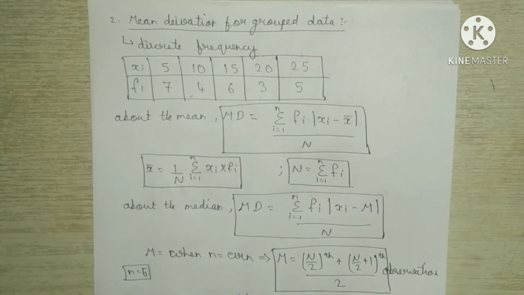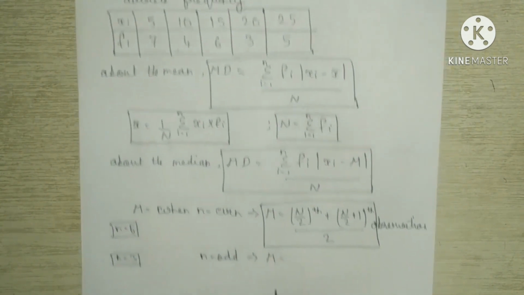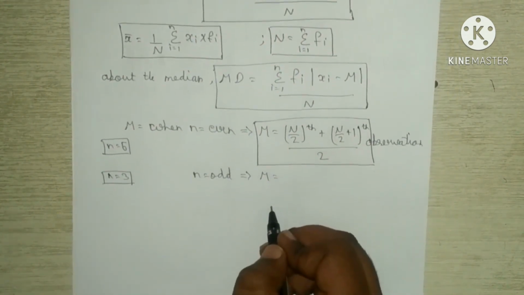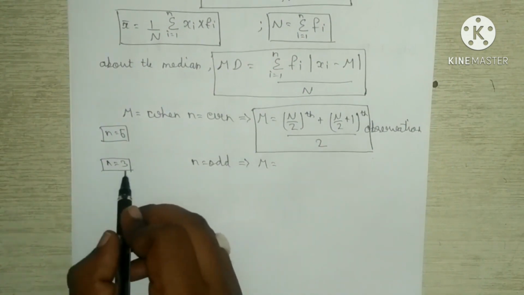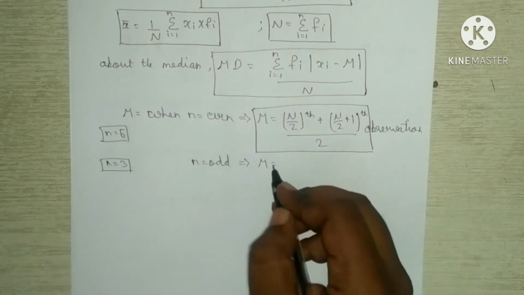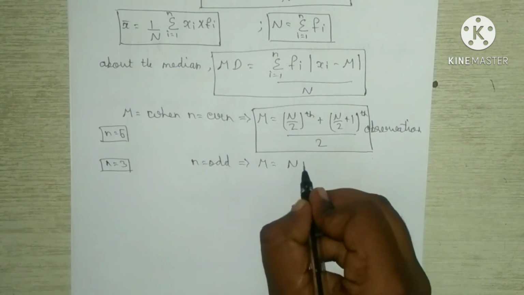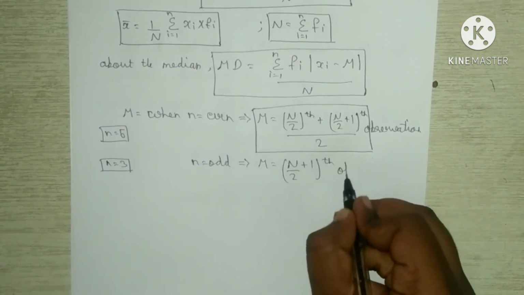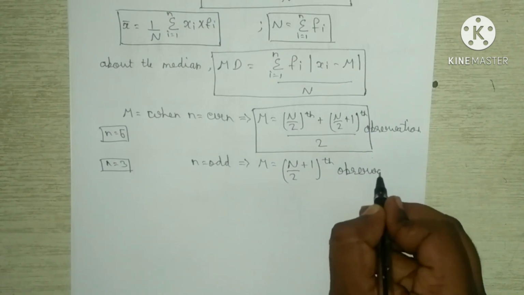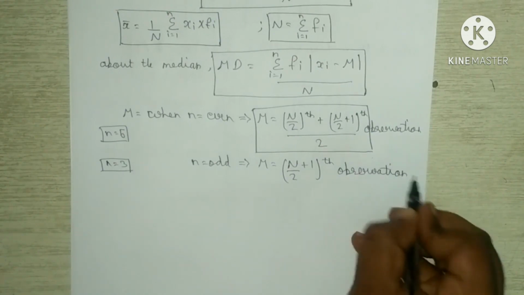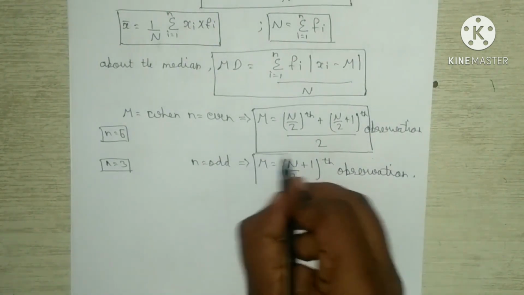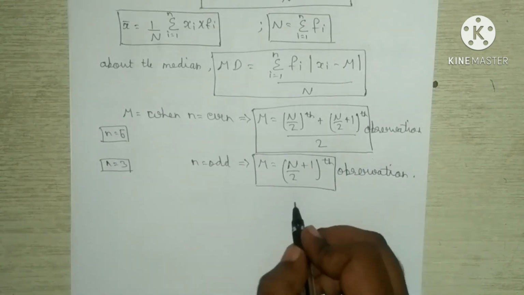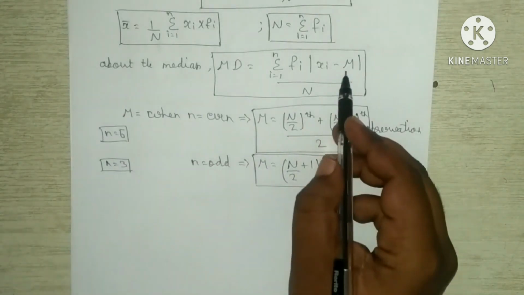Odd means M is equal to the (n plus 1) divided by 2 th term observation. That will be your median. You can identify M and substitute it in this formula.